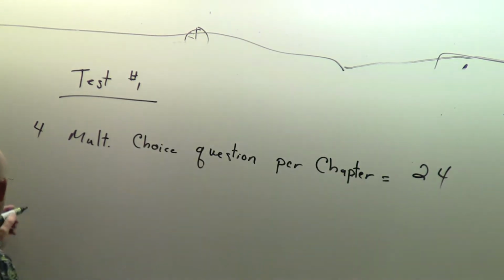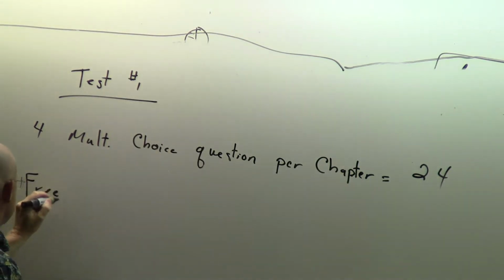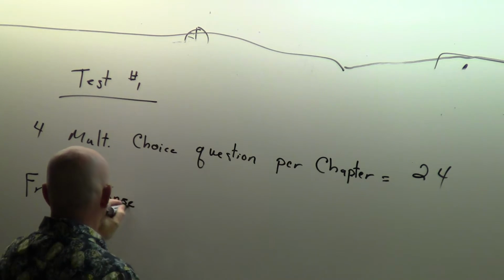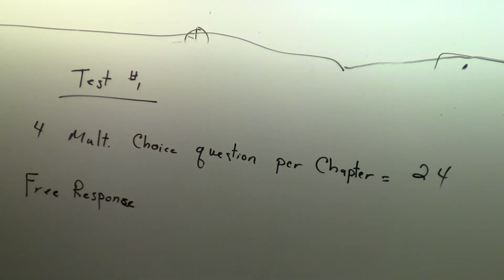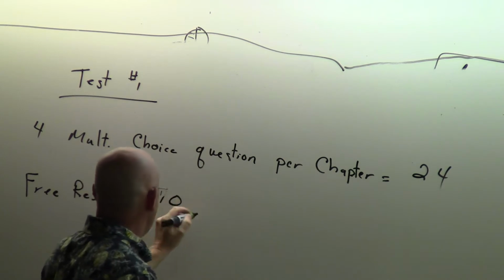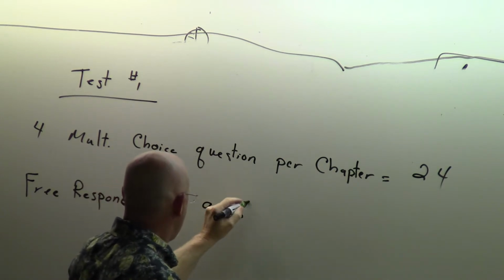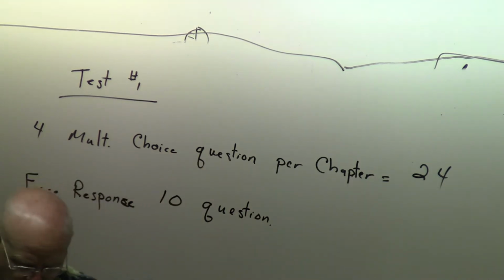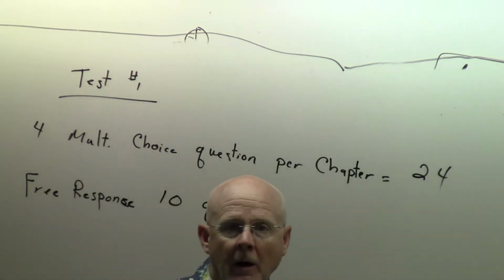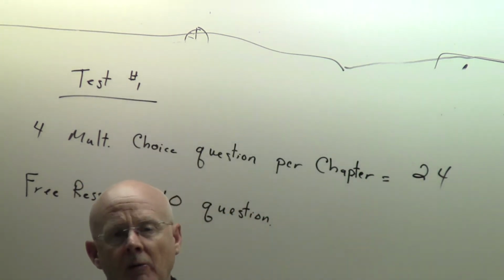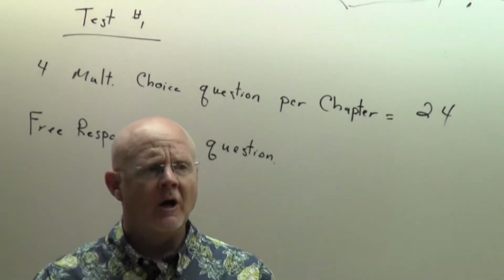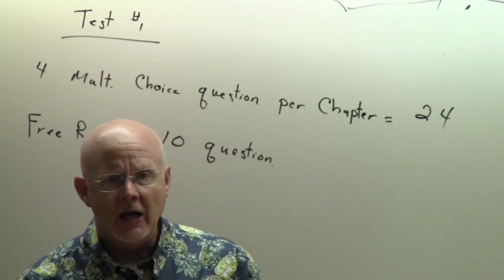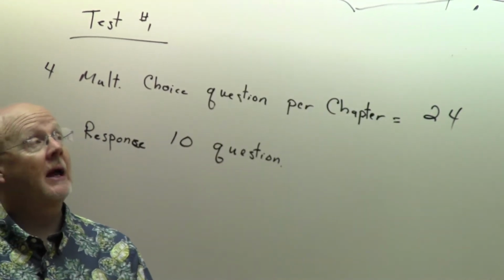Then the free response will be 10 questions. I'm going to say that is 2 per chapter, but not counting chapter 1. Remember, chapter 1 was just converting units and scientific notation. Actually, let me rephrase that.